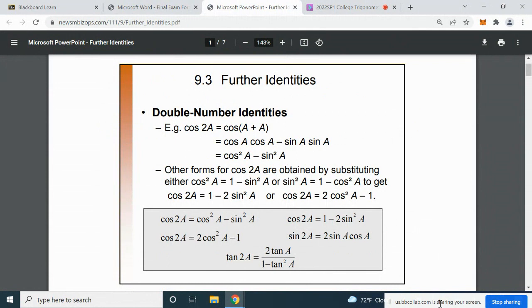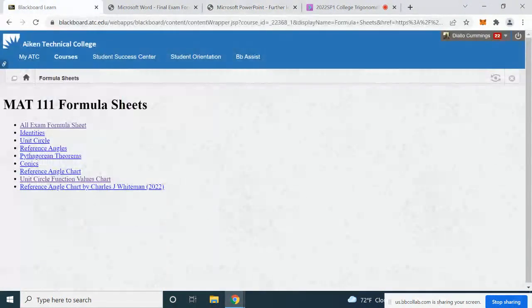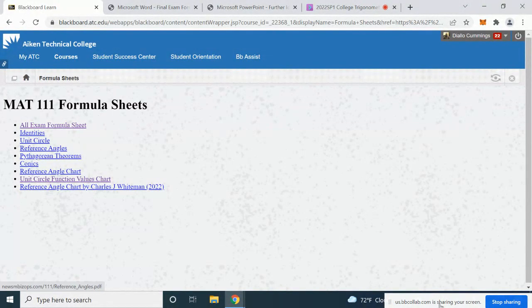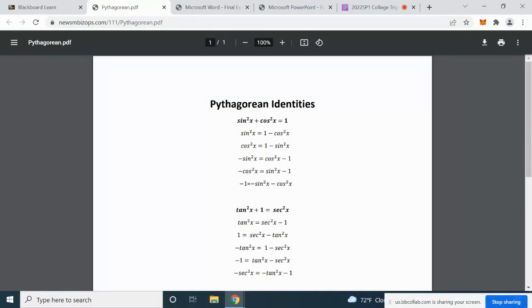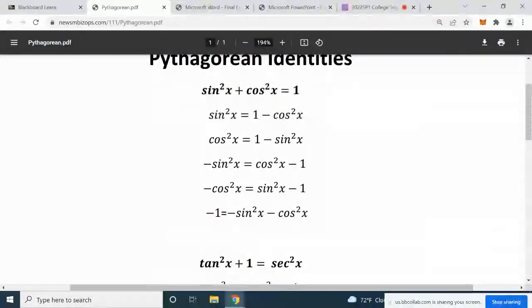The other two formulas come from the fact that you can rewrite cosine squared A as 1 minus sine squared A. So I'm going to go back slightly. I just want to show you all where this stuff is coming from. I'm going to go to the Pythagorean identities.